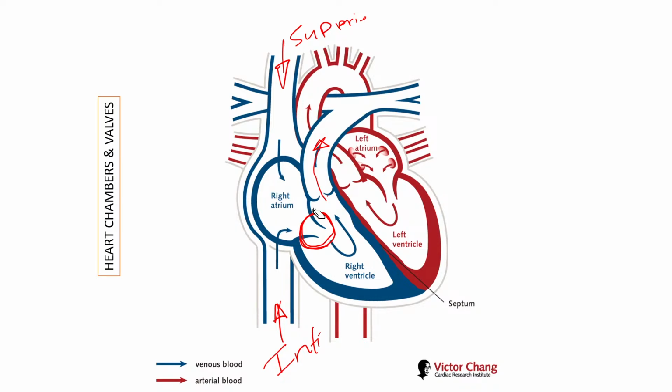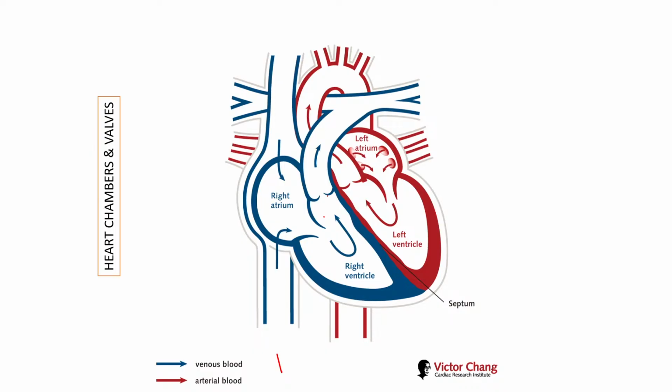The main objective of this picture is for you to see that the heart has 4 different chambers, and these chambers will come in handy when we talk about high blood pressure and conditions like ischemic heart disease and other heart diseases.